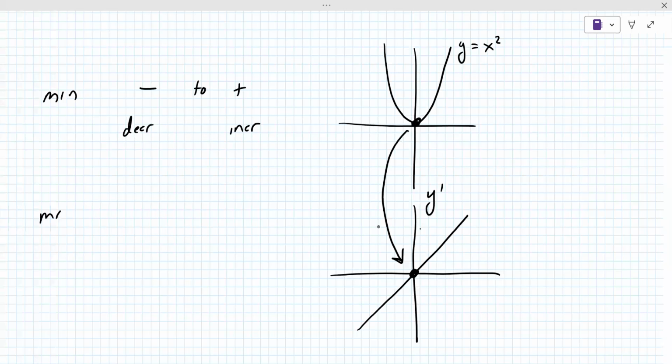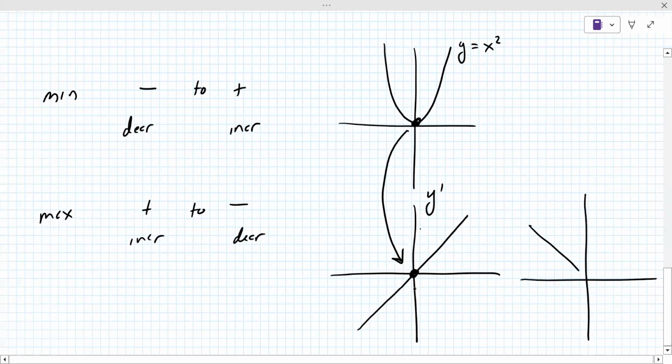And a max occurs when you're going the other direction, from increasing to decreasing. So what I was trying to get you to think about is this graph down here, and the other one, which is, what happens if it's going the other direction? That's what we're looking for. We want to know where the derivative goes from increasing to decreasing.